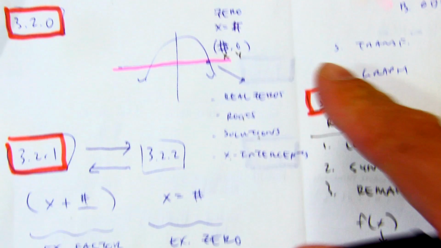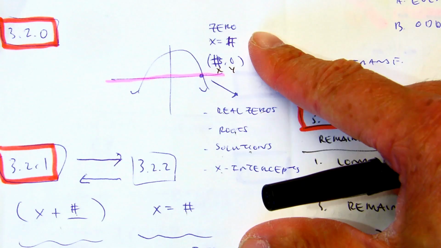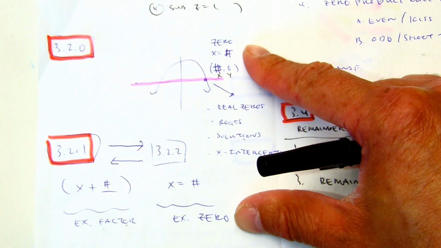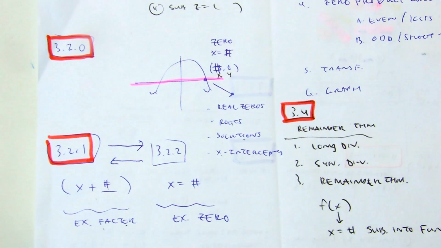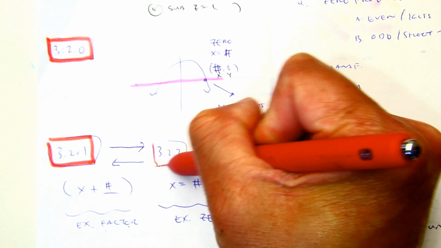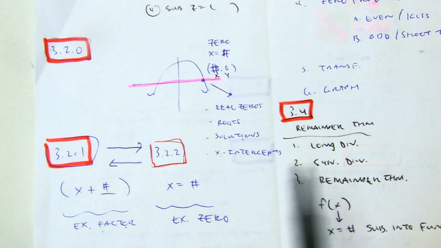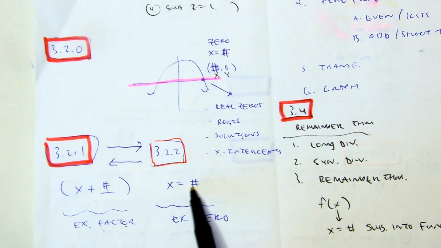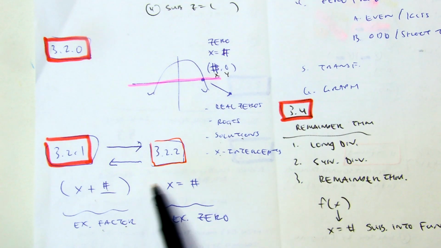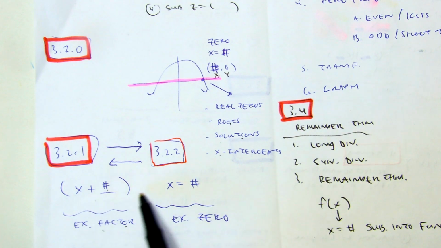That's what we had above. Right here. And they go vice versa. Just put a red box. So if they gave you a 0, you can move this over. So this number has x, say x minus 4 equals 0. Now that becomes a factor.